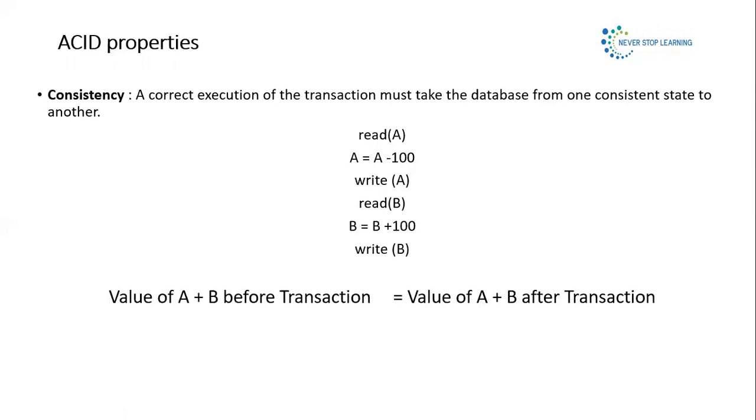So it can be verified very easily that if the database is consistent before the execution of the transaction, the database remains consistent after the transaction. So consistency basically deals with the state, that the value which was present earlier, the same value is present after the transaction also. So there will be no data loss. That is consistency.